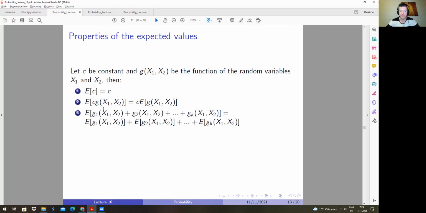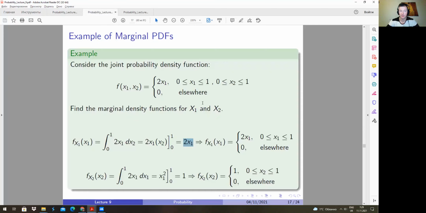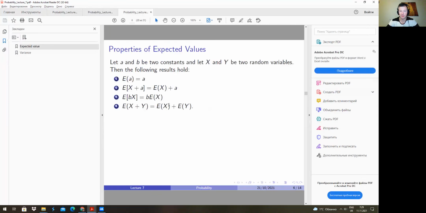So when we have an expectation of a sum of k functions of these two random variables, this is simply the sum of their expectations. Well, this is the general case of property number 4 here, and property number 2 basically, because they both involve this summation.